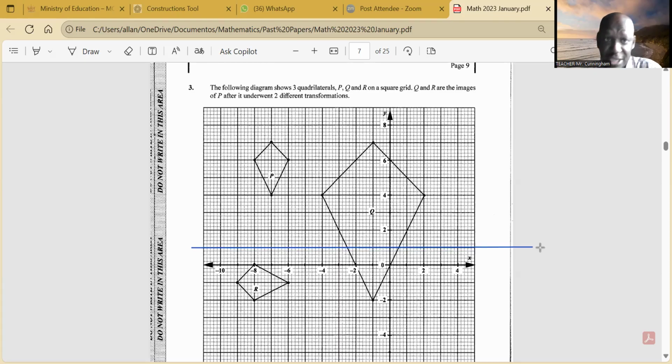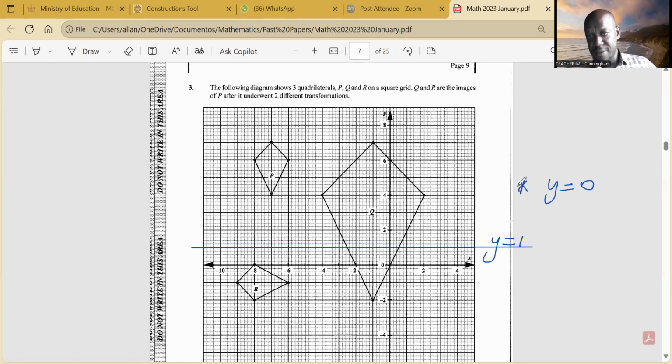If this line here is y equal to 1, where would y equal to 0 be? Anybody? Where is the line y equals 0?